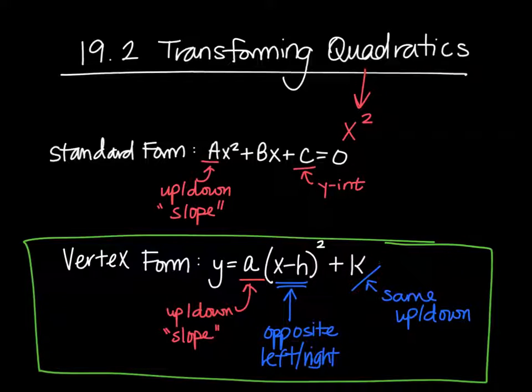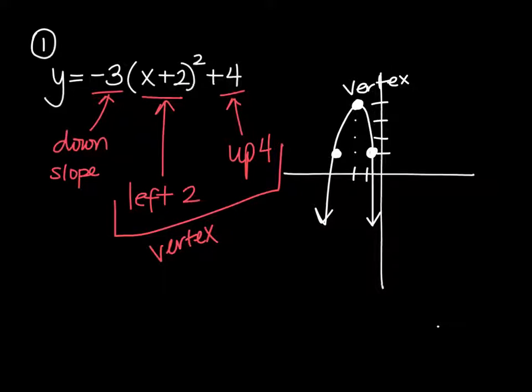All right, so this example we did in class today, I'm going to talk us through it just to make sure you understand and remember, and we're going to add a few things, and then I'll do one more example. So remember, the negative in the front here told us that it was going to open down. The 3, because it's a whole number, is a slope I'm going to use to count by.